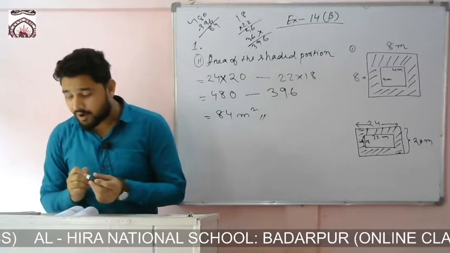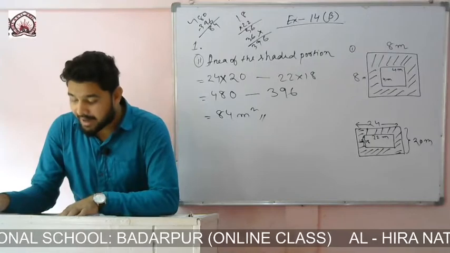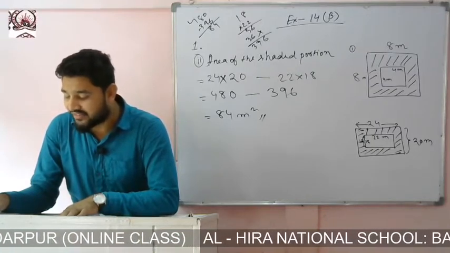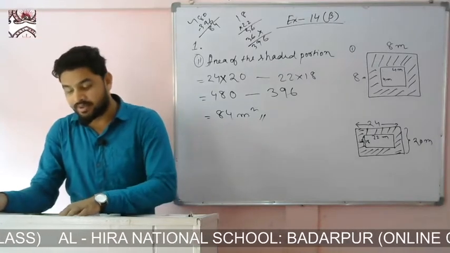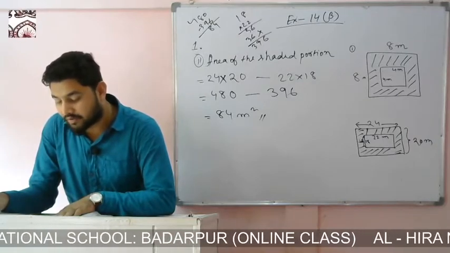A photograph of sides 35 centimeter by 22 centimeter is mounted onto a frame of external dimension 45 centimeter by 30 centimeter. Find the area of the border surrounding the photograph.